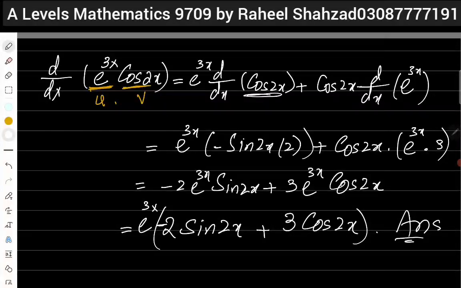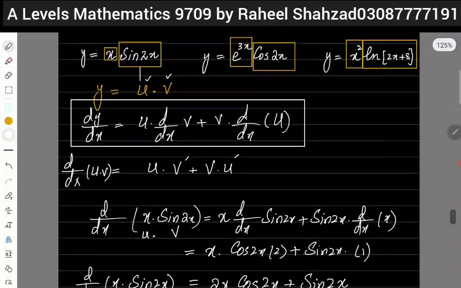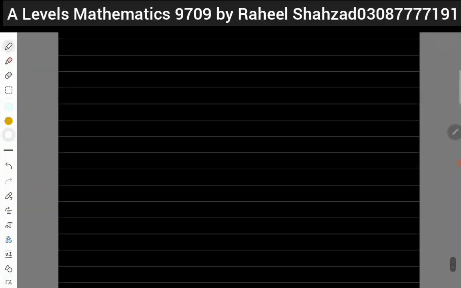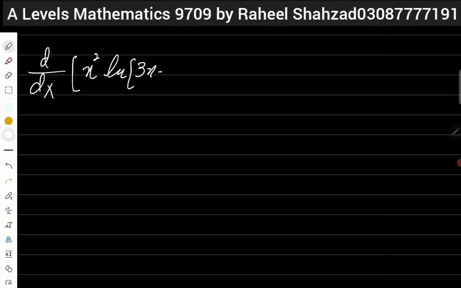This is how we differentiate if we have two functions as a product. We have another function, x² ln(3x + 5). Find the derivative of x² ln(3x + 5).